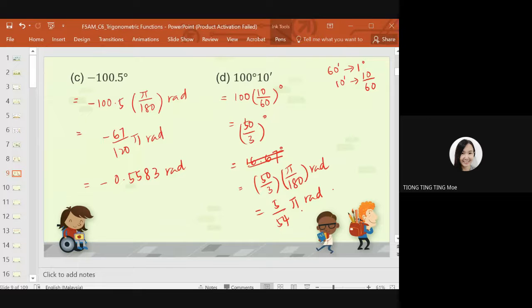No need to change into decimal, because we accept this answer, if the question doesn't ask for how many decimal places or significant figures. If the question asks, your answer will be 0.2909 radian. But normally the answer will be in pi radian, pi for trigonometry.